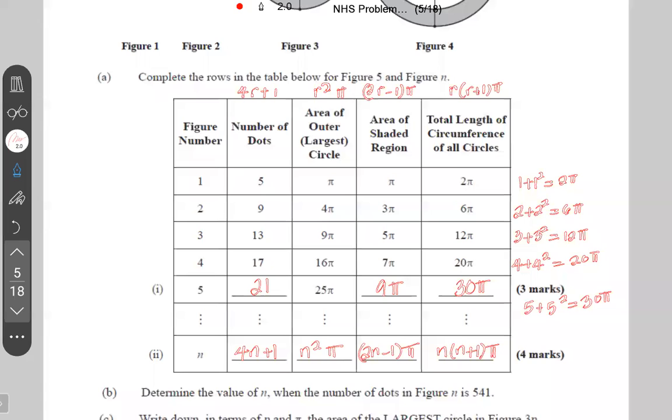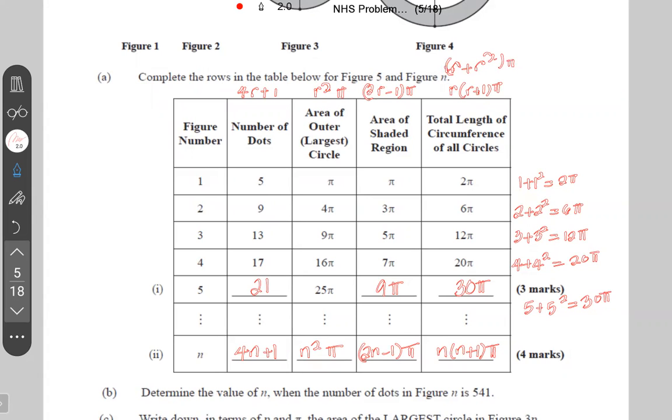All right, somebody was offering an alternative general term for the total length of the circumference. The person says r plus r squared pi, and we checked it out and it looks as if it works.